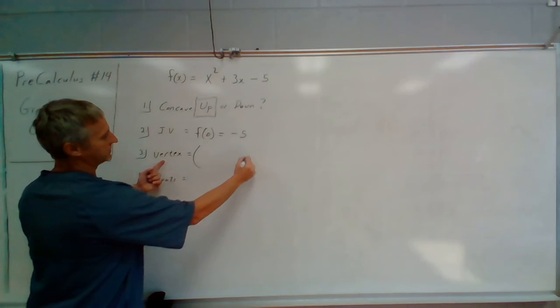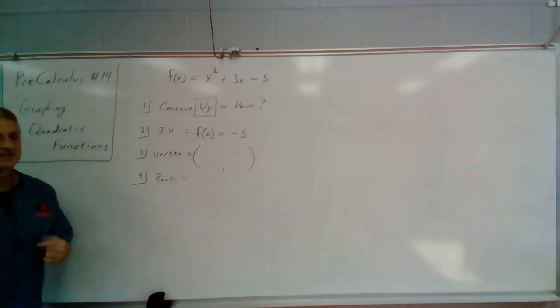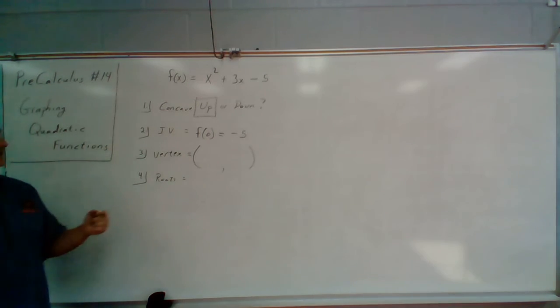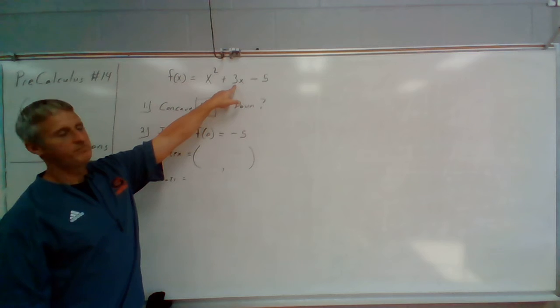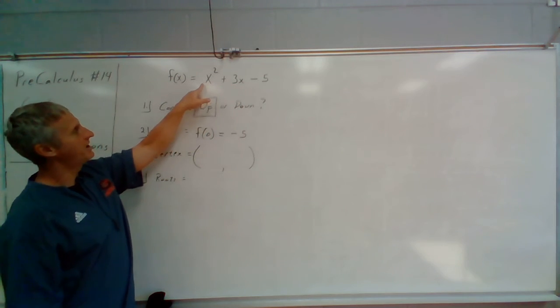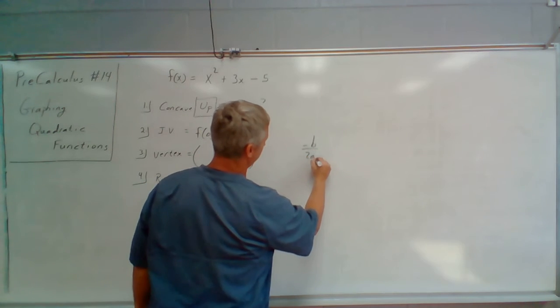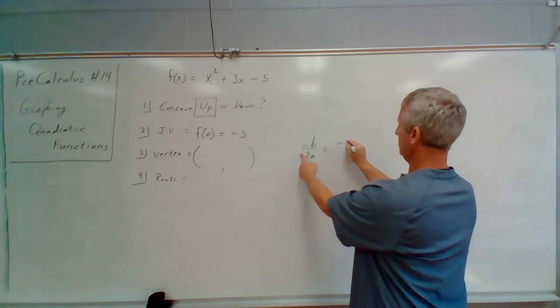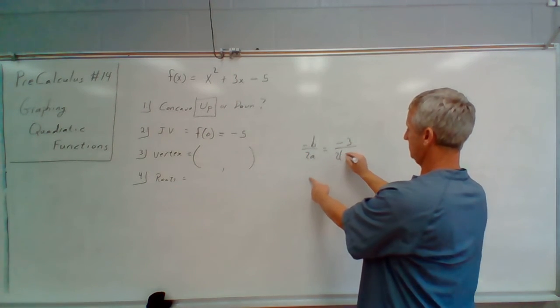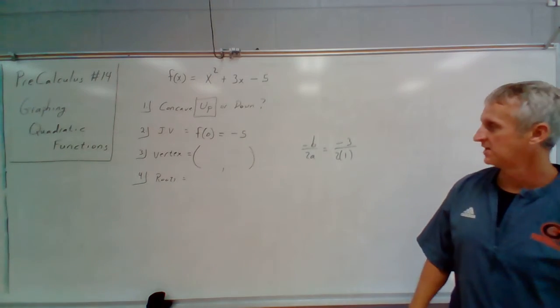What's my vertex? Well, the x-coordinate of the vertex is negative b over 2a. My b is 3, my a is 1. So negative b over 2a would equal negative 3 over 2 times 1. So you get negative 3 over 2.